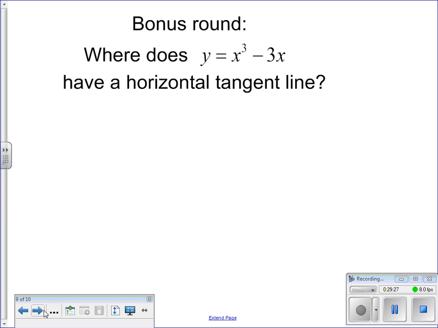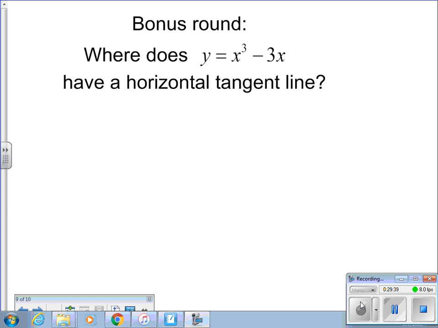Bonus round! Where does y equals x cubed minus 3x have a horizontal tangent line? Okay, so here is what the question is asking you.